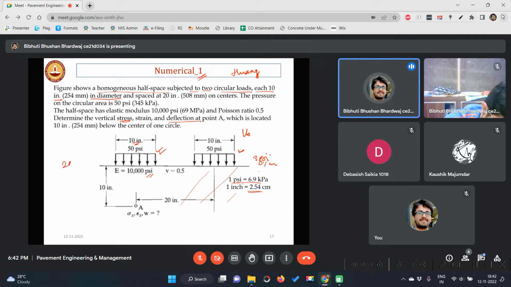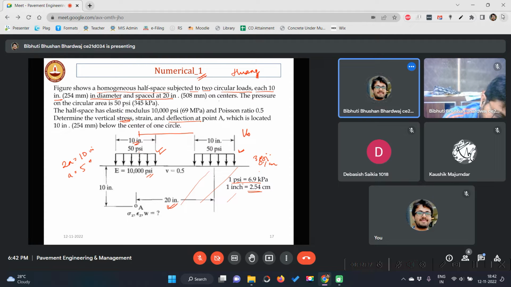That means twice A is 10 inch. So how much will be A? A is 5 inch. Spaced at 20 inch, that means center to center spacing is 20 inch.